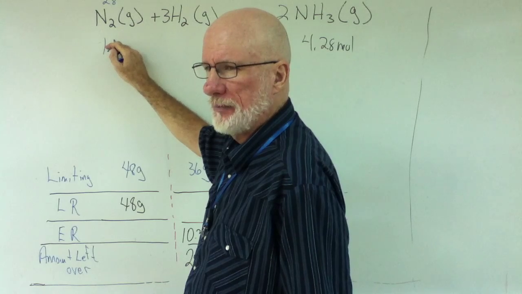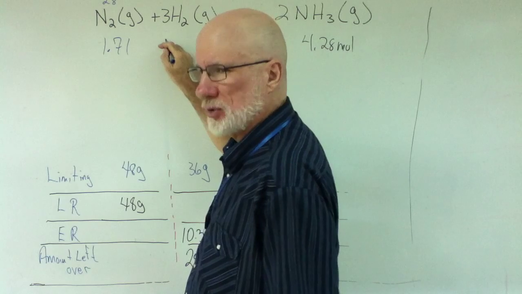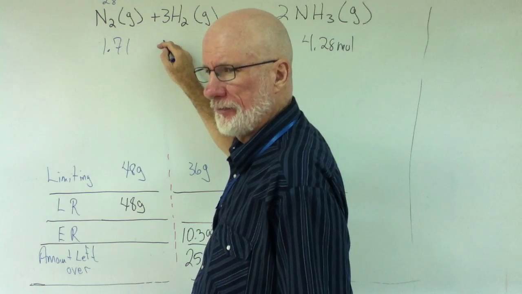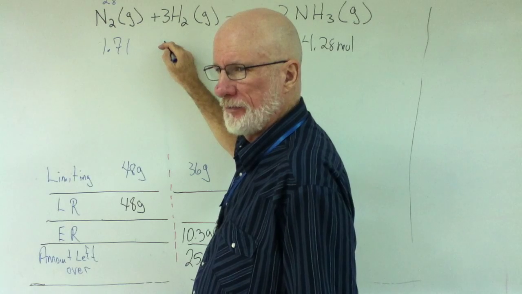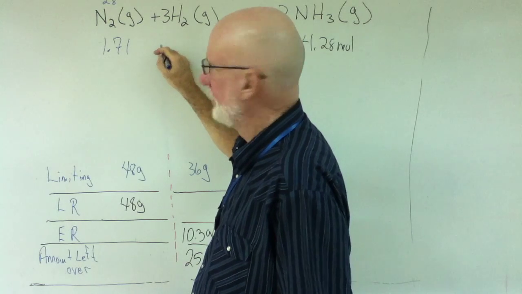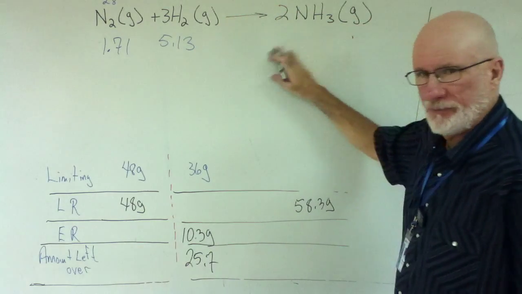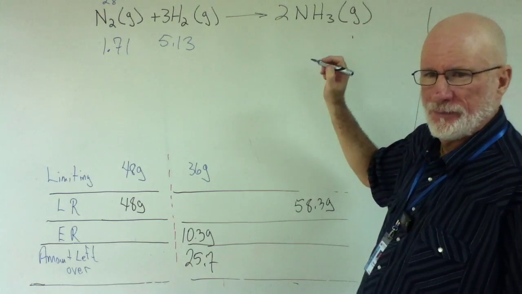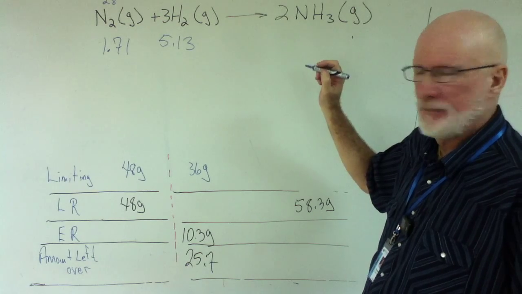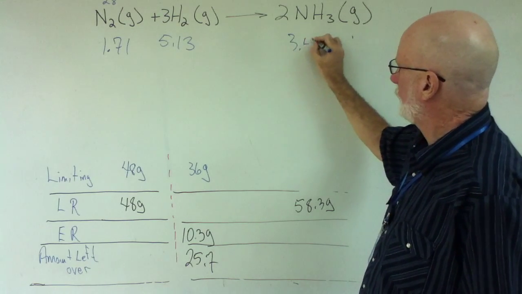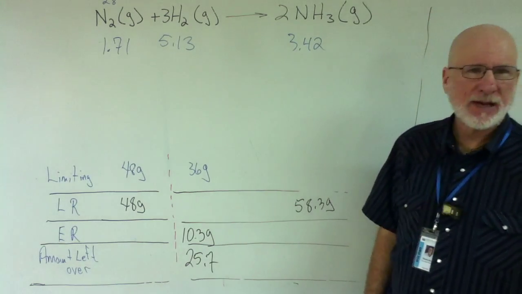So 1 point what? 71. 1.71, and this is what? 5.13. 5.13, and this is what? 3.42, is that right? Do we have any verification on that?